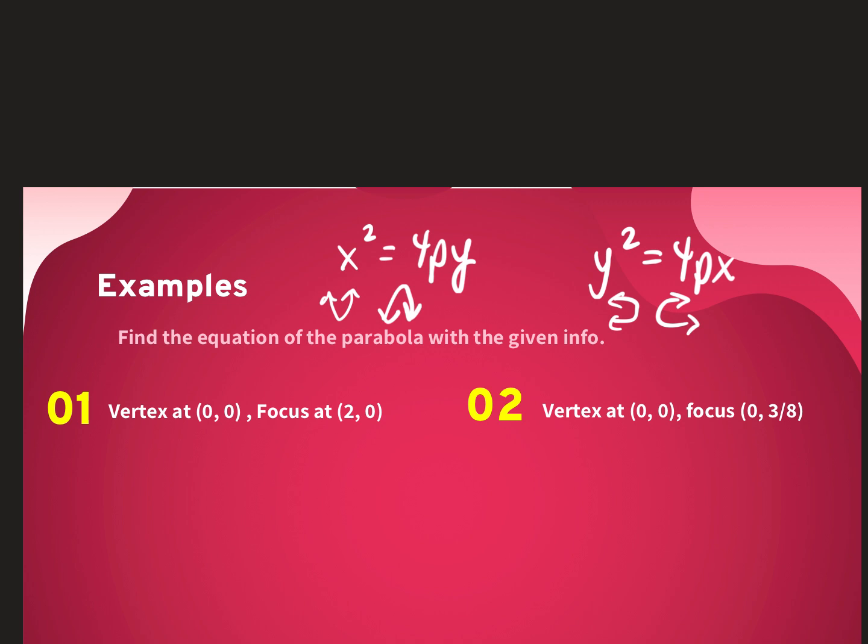If your parabola opens left and right, which way are you moving from your focus to your vertex? If your parabola is opening left to right, which way are you moving? X. The x-axis, good. If your parabola is opening up and down, which way are you moving to get from the vertex to the focus, up or down, right? It affects the y, okay? So just make sure you guys are paying attention to that.